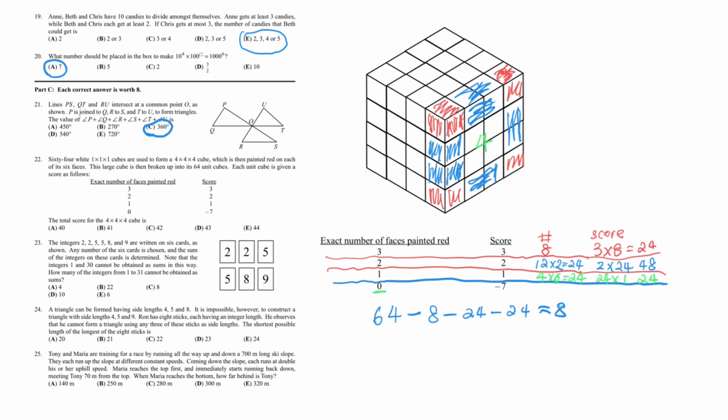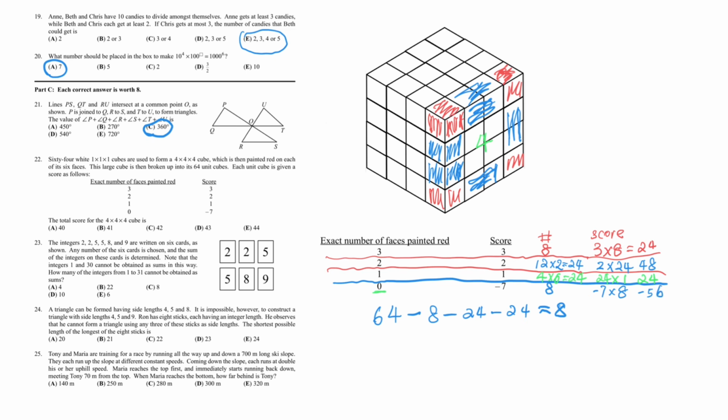So 8 cubes have no surface painted red. The score is -7, so -7 times 8, total score is -56.